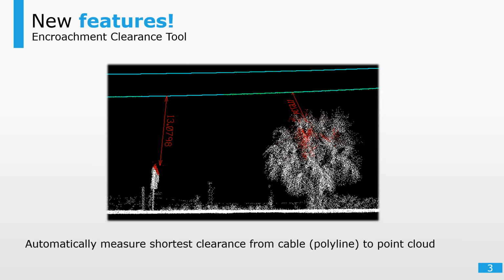In this particular case, Mally's added a feature where we can take a cable or a polyline, first identify those points, doing the classification, and then we'll automatically go through and measure the closest point within that clump of points to your polyline, orthogonal distance.